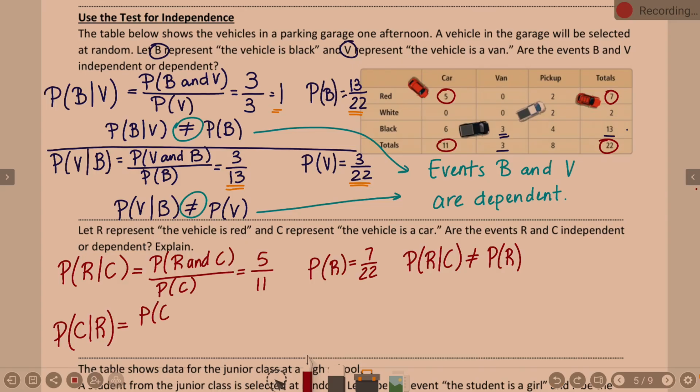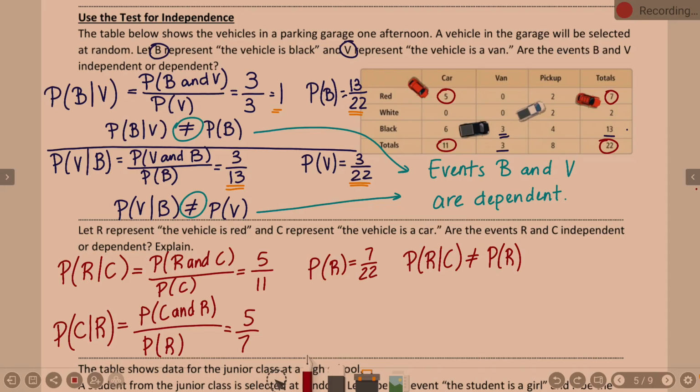So probability of C and R, divided by the given, which is the second piece, the R. Go back and look at that formula if you're forgetting these. How many red cars do we have? That was 5, right? Out of probability of red, how many red vehicles do we have? 7.